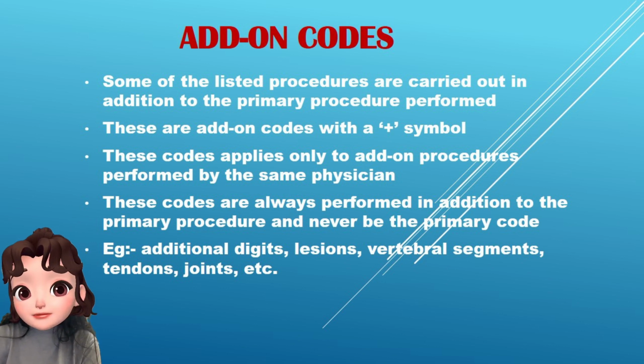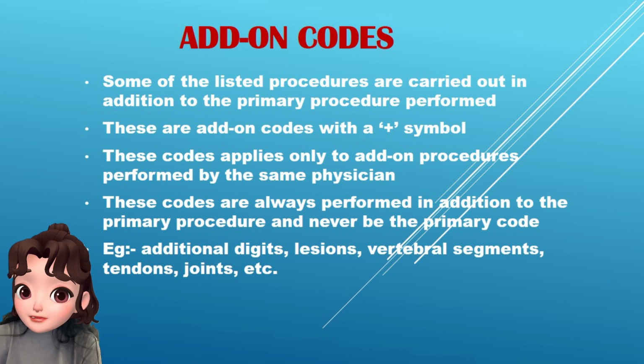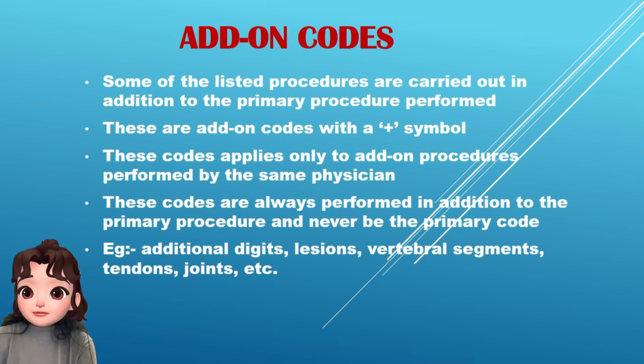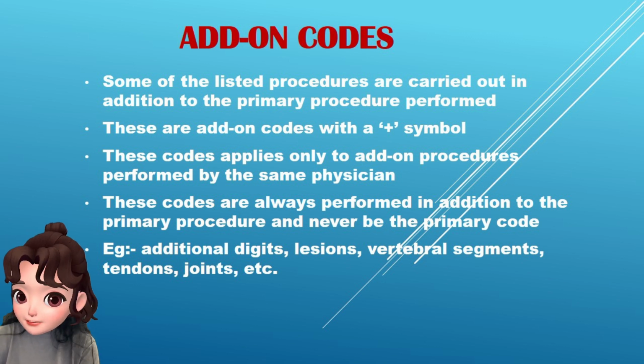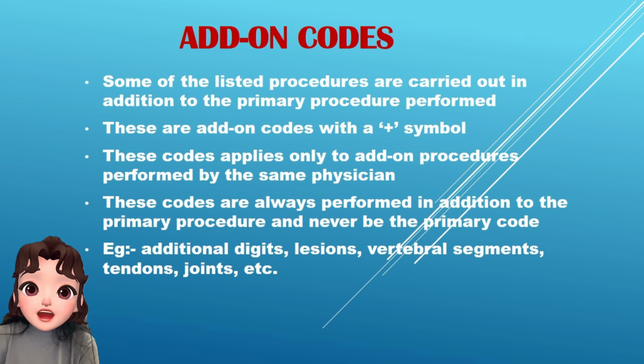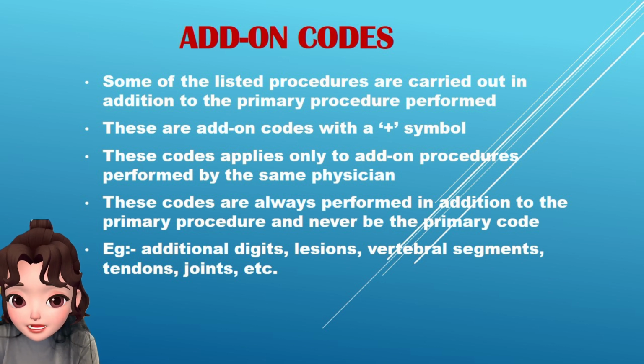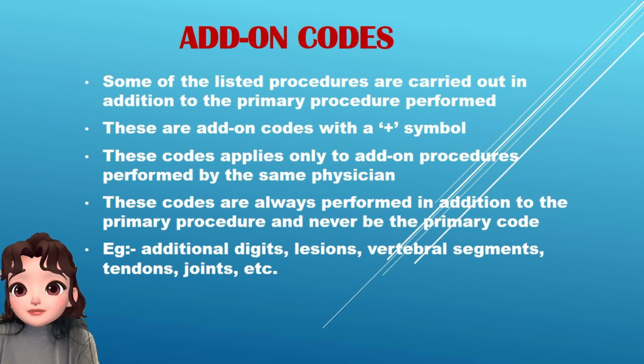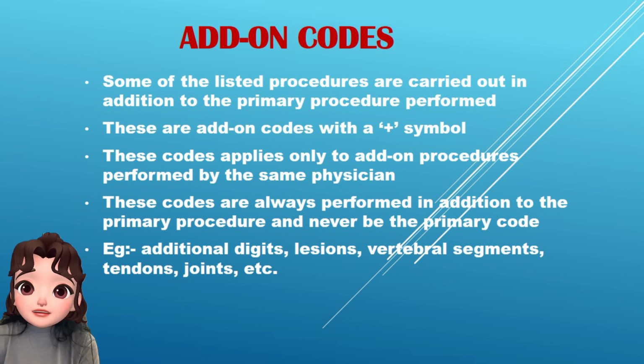The services should be performed by the same physician, and these codes are always performed in addition to the primary procedure and can never be the primary code. For example, additional digits, lesions, vertebral segments, tendons, joints, etc. More detail I'll be discussing in the upcoming chapters.